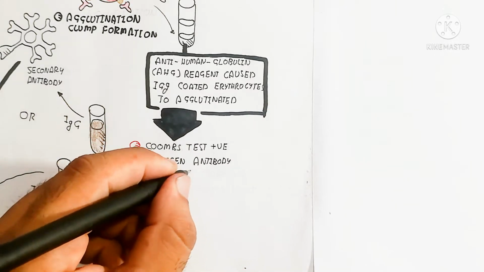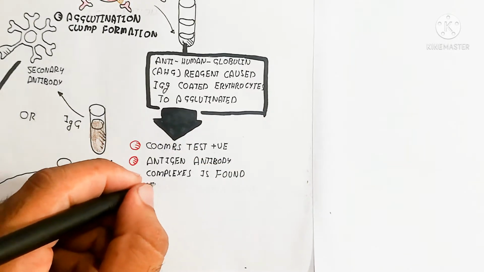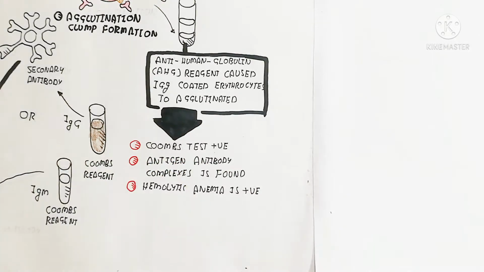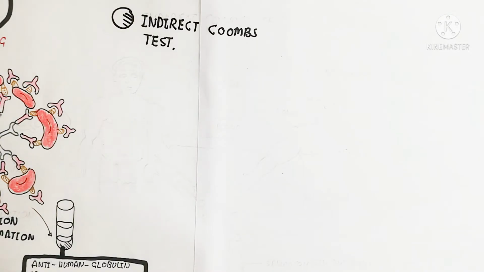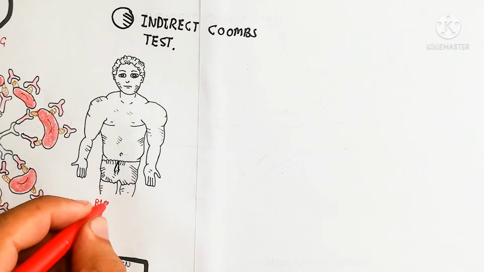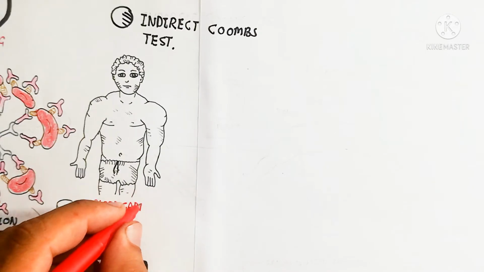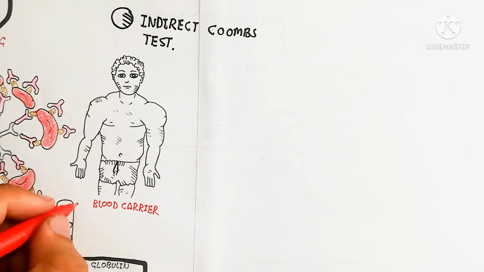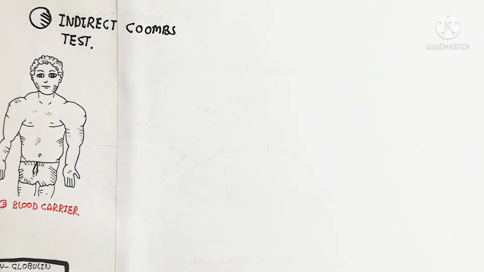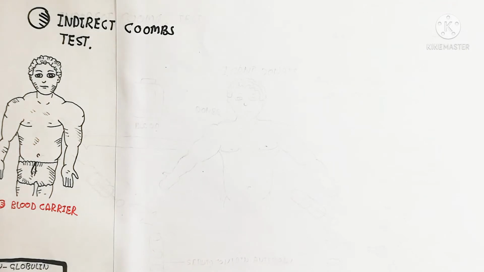So we can understand as well, this is the hemolytic anemia positive. So the Coombs test is positive, antigen antibody complexes are found and hemolytic anemia is positive. So that means when clotting and agglutination or clump formation occurs, the hemolytic anemia is positive. So that person has hemolytic anemia.